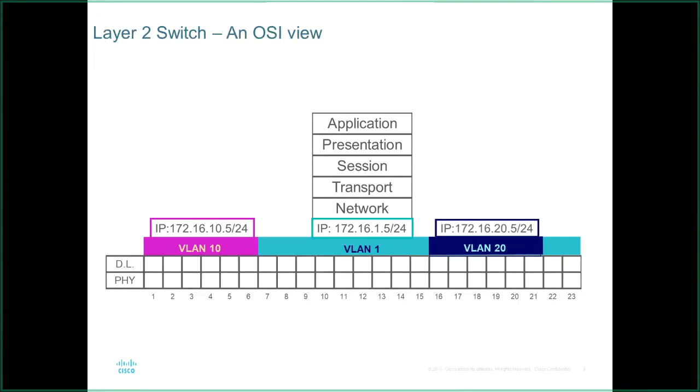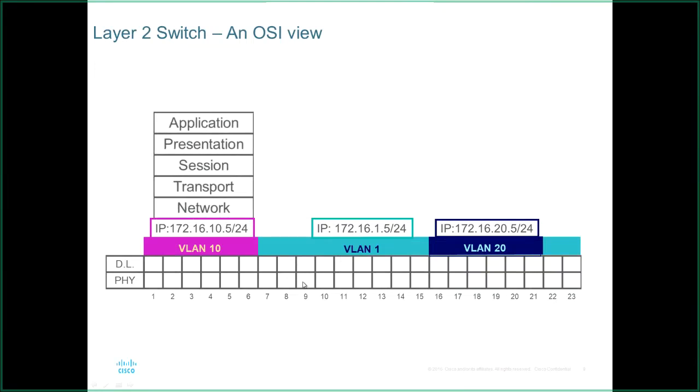Now, not all of those addresses are active because, as you can see, our protocol stack is only sitting above VLAN 1. So when we change to VLAN 10, that becomes the active layer 3 stack. And these two VLANs have their IP interfaces shut down.